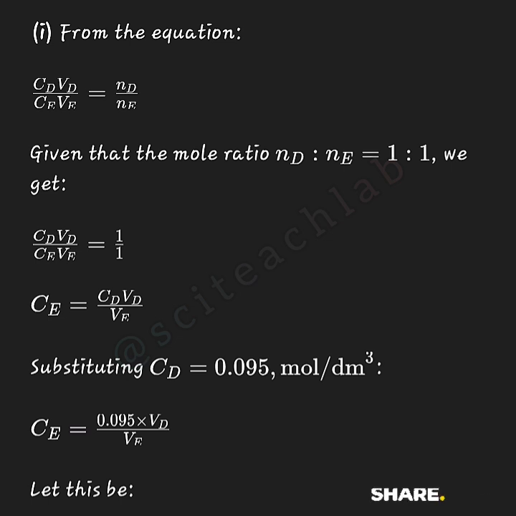So ND is 1 and NE is 1, so 1 over 1. We make CE, the concentration of the base, the subject of the equation because that's what we are asked to find. CE equals CD VD all over VE. Since it was 1:1, the 1 over 1 cancels out, so we don't need that.